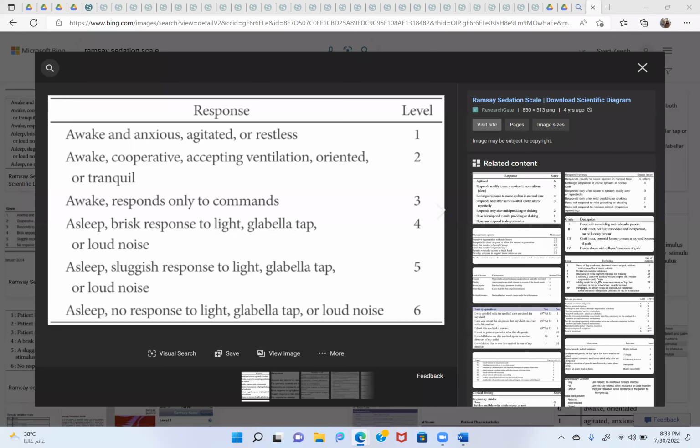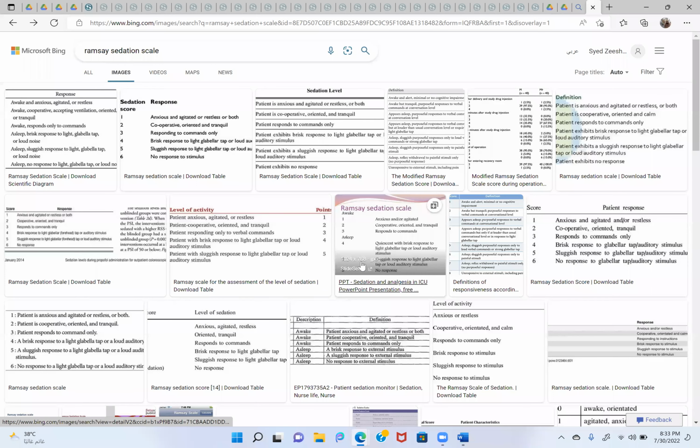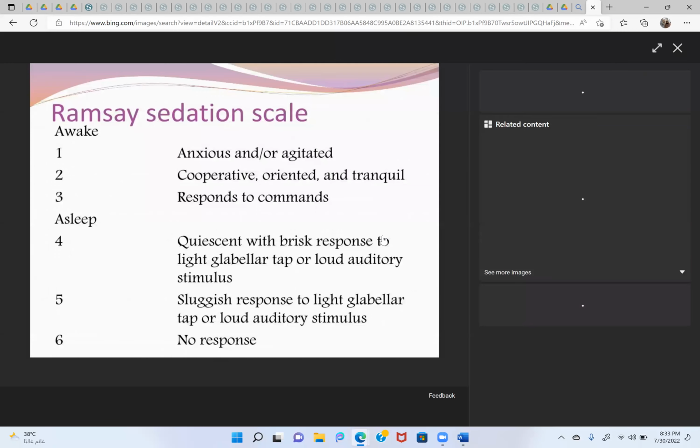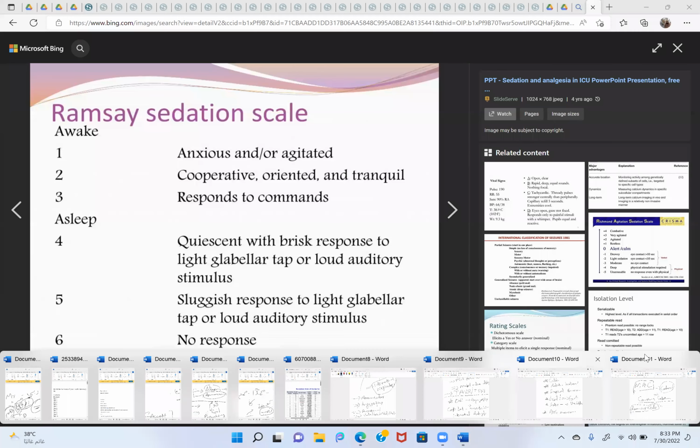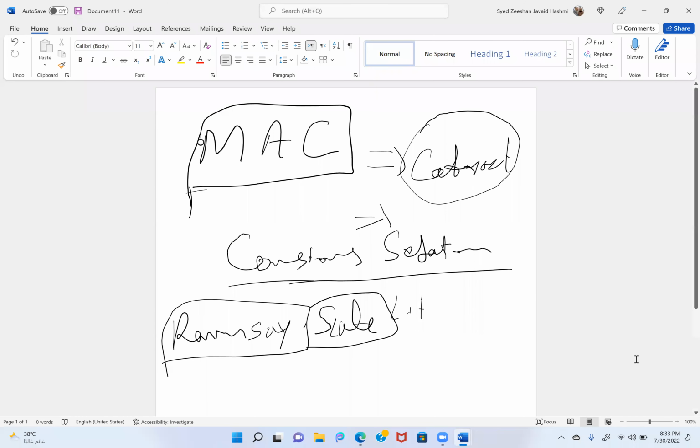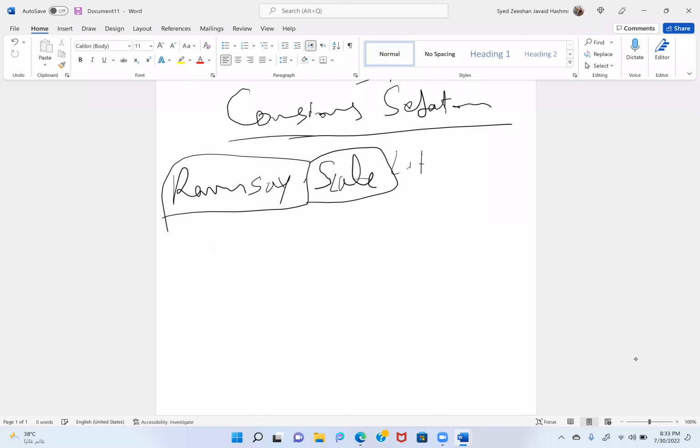Yes, Dr. Sadaf. Is dissociative anesthesia by ketamine an example of conscious sedation? Yes, but it will be deep sedation.